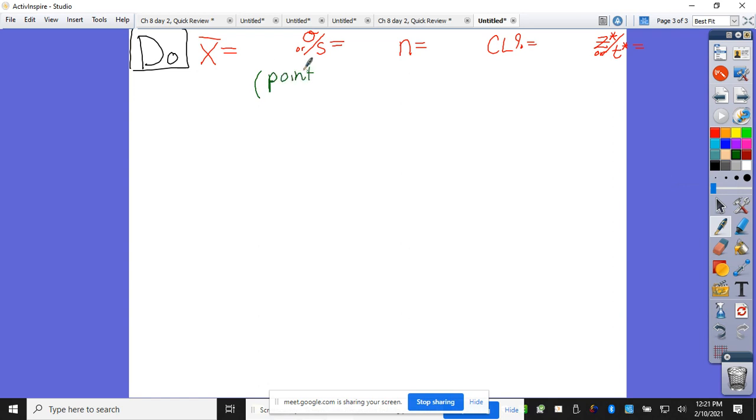Your equation is taking your point estimate plus or minus your critical value times your standard deviation, in this case the standard deviation of x bar.